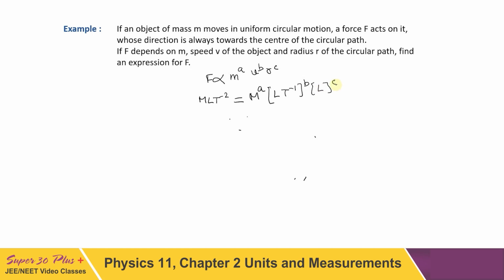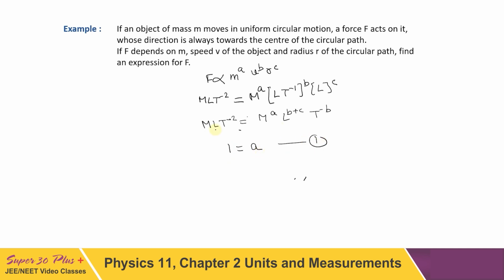If we write collectively, it would be M^a, L^(b+c) and T^-b. Now compare left hand side and right hand side and then pause. On left hand side, as we can see, power of M is 1. So we got the equation 1 is equal to a. From first equation itself, value of a is derived.